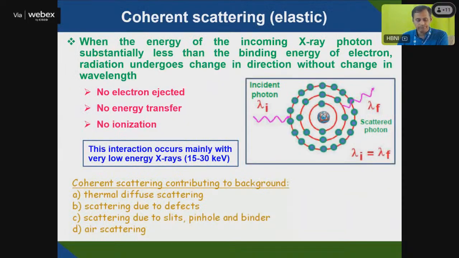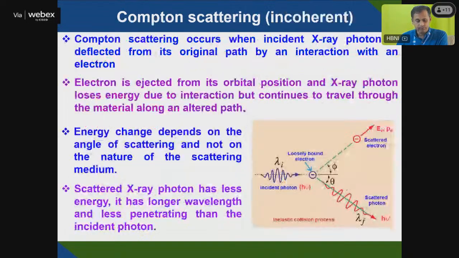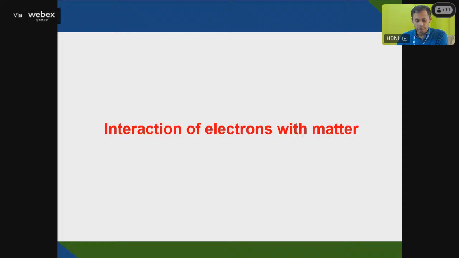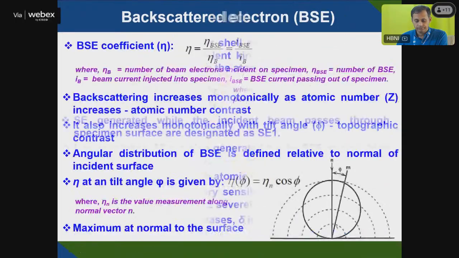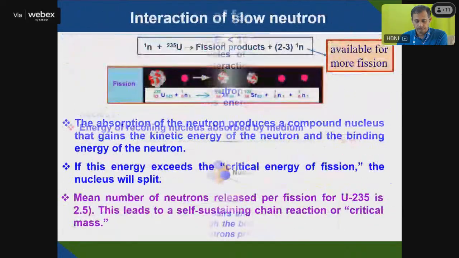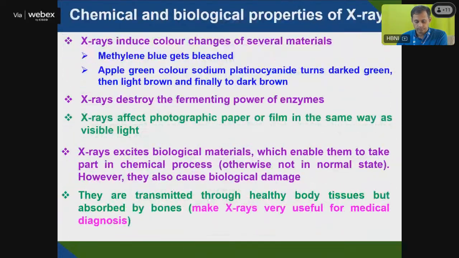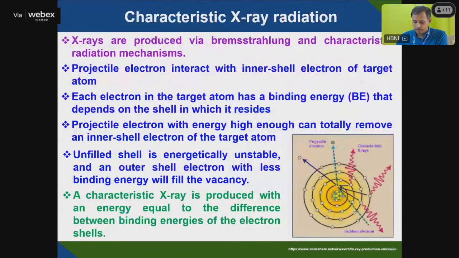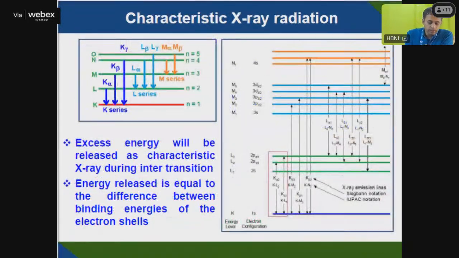So if you see here, there is a K shell, L shell, M shell. When an electron comes from the L shell to the K shell, n equal to 2 to n equal to 1, this is called K alpha.